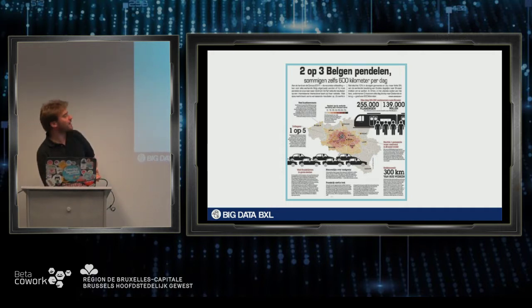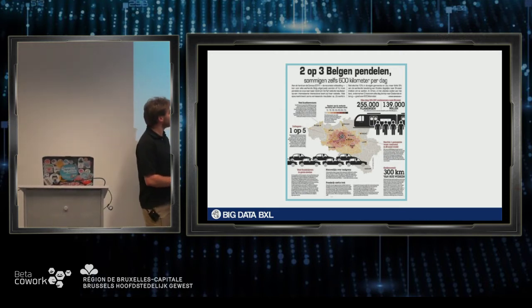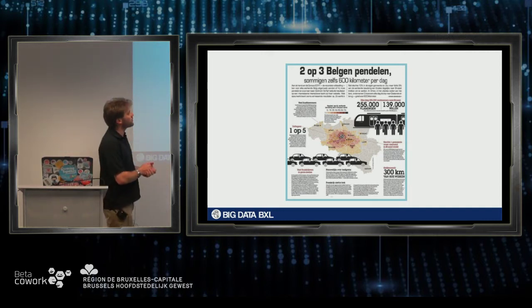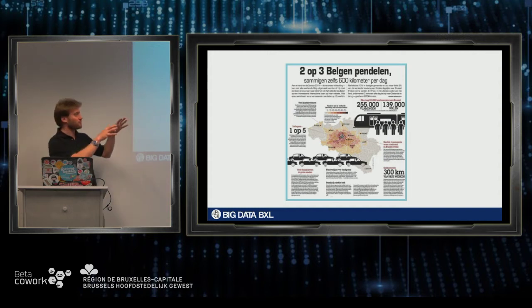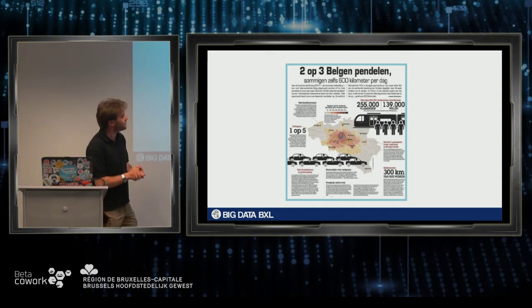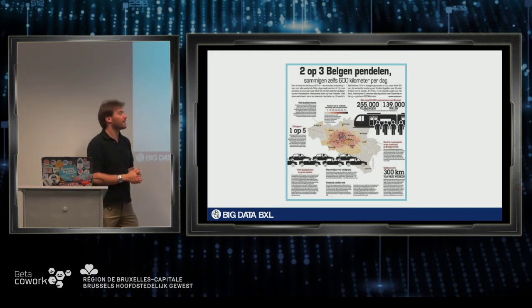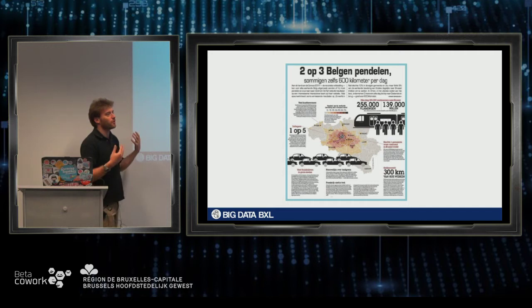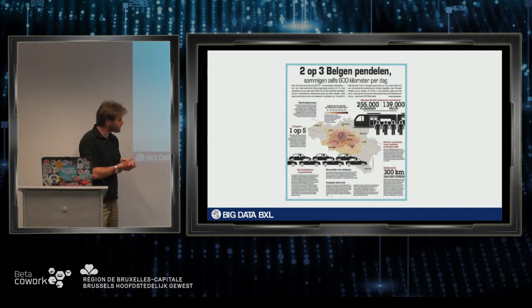Not sure if you can see this very clearly, but here's another interesting visualization. The color here is the proportion of people who live in certain parts of Belgium that go to work in Brussels. As you could expect, the closer you are to Brussels, the larger the proportion of people that go to work in Brussels.